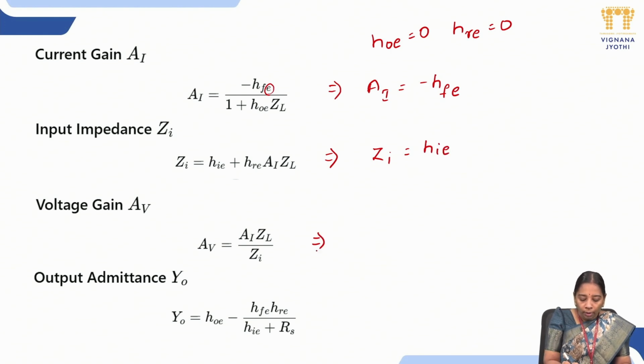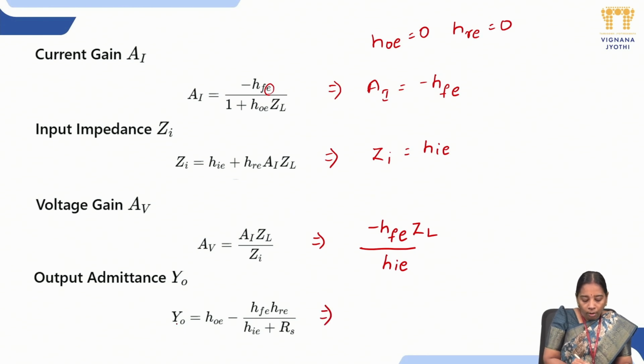Next, coming with the voltage gain, we have derived the expression as AI ZL by ZI. You already know that AI equals minus HFE for approximate analysis, into ZL by ZI, and we got this value as HIE. Hence, the voltage gain equals minus HFE into ZL by HIE.